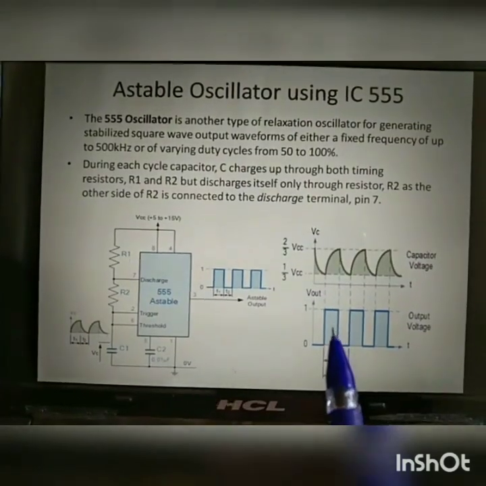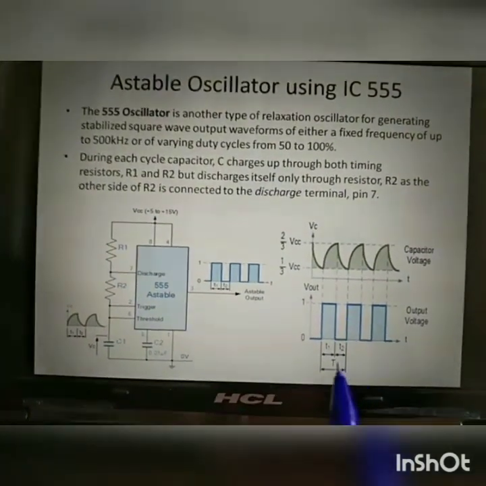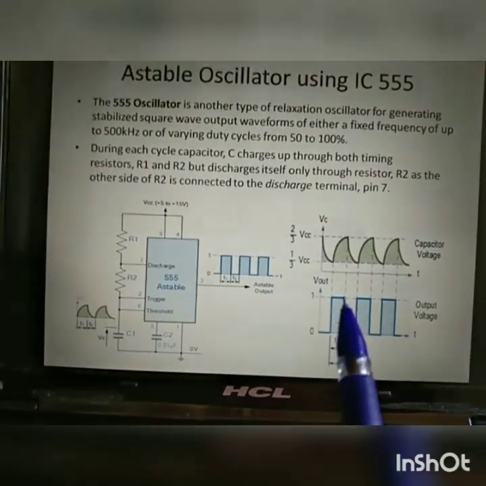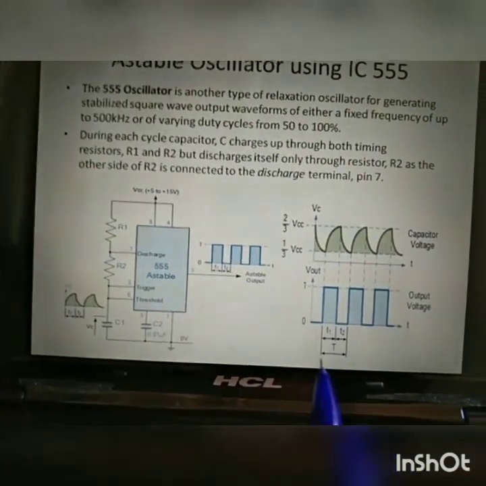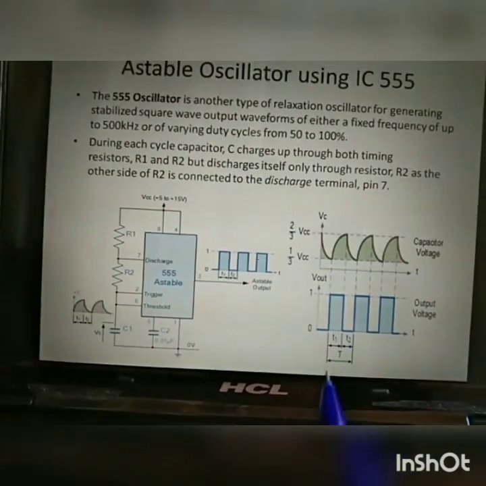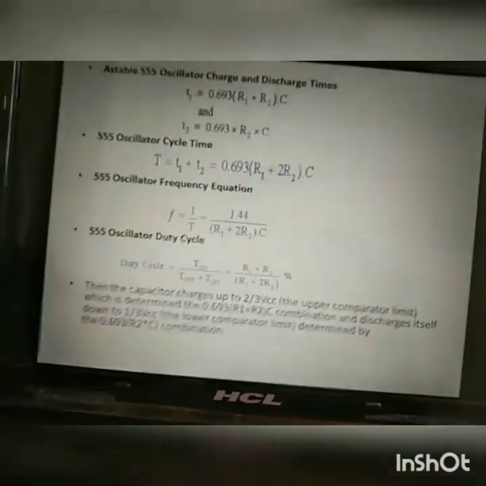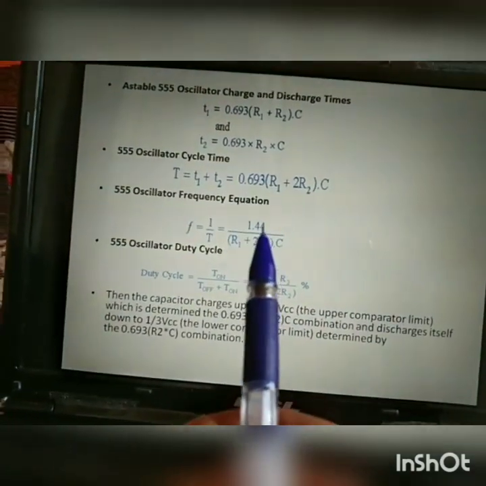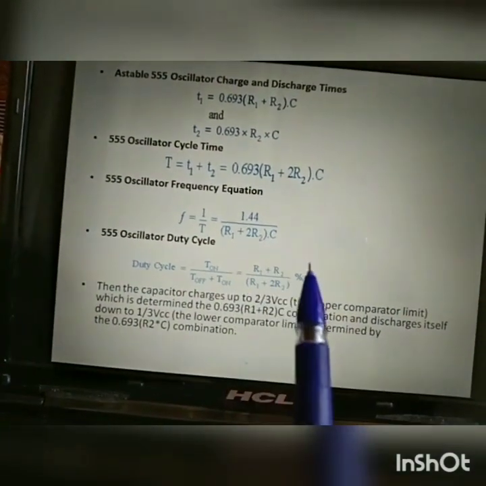T1 is charging, T2 is discharging. What is the frequency of this full one cycle? The total time is T, so the frequency of this cycle is F equal to 1 divided by T. Therefore, the frequency equation is F equal to 1.44 divided by (R1 plus 2 R2) into C.